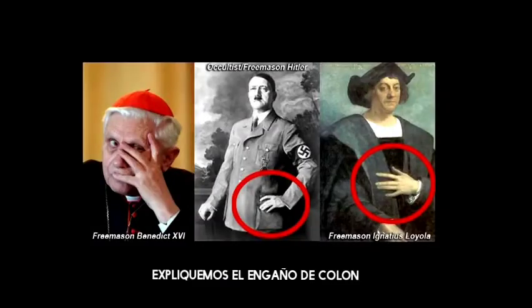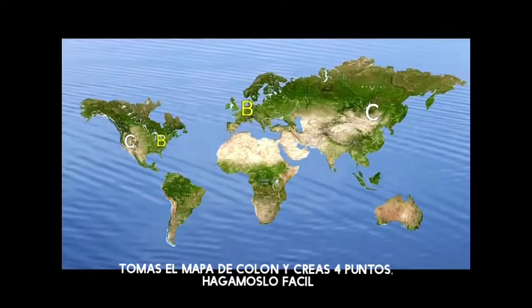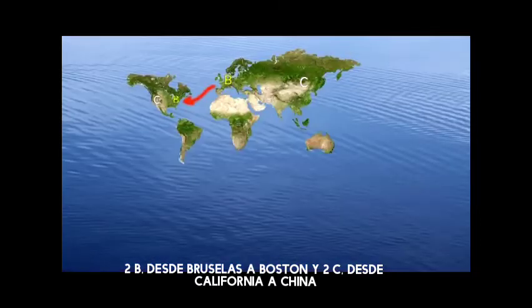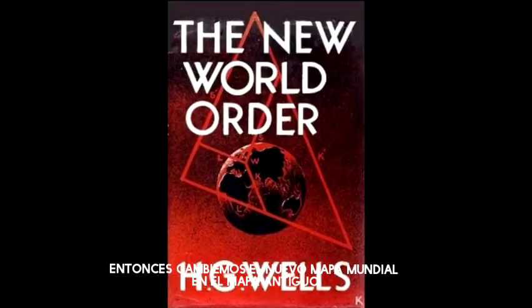So let's explain the Columbus hoax. You take the Columbus map and you create 4 points. Let's make it easy: 2 B's from Brussels to Boston and 2 C's from California to China. So let's change the New World map into the Old World map.